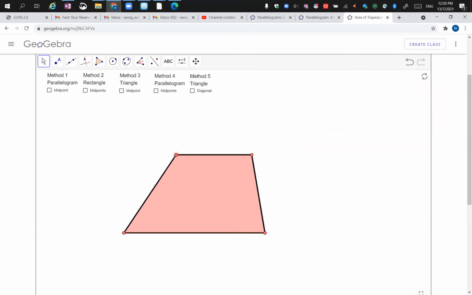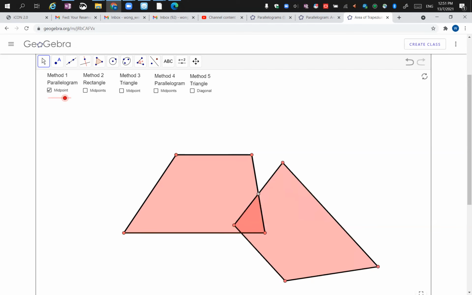This is a trapezium. The way to visualize the area of a trapezium. Everything okay over there? Okay, any issues? It is by forming. Okay, watch.